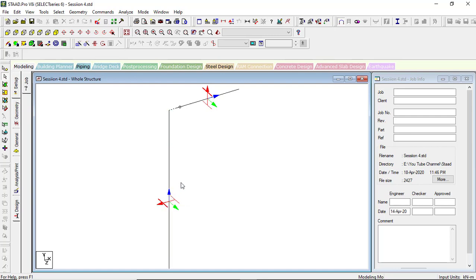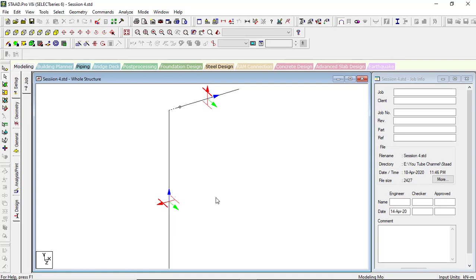Whatever moment acts about this blue axis is torsion. Then this green axis is the axis for major bending moment, and this red axis is along the y direction, and that is for the minor axis.